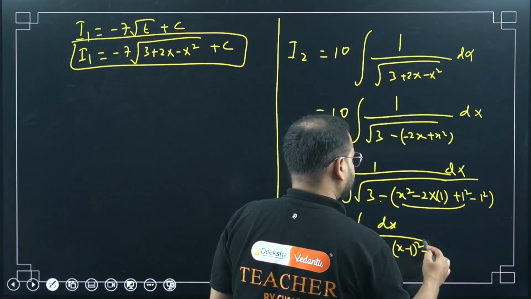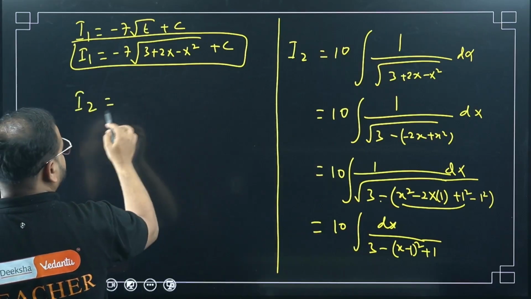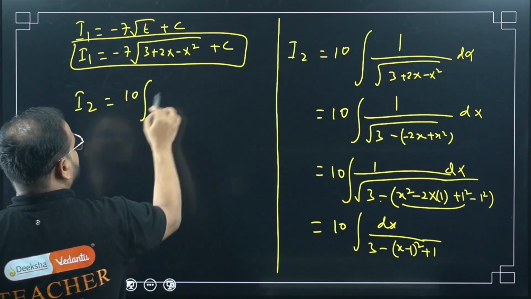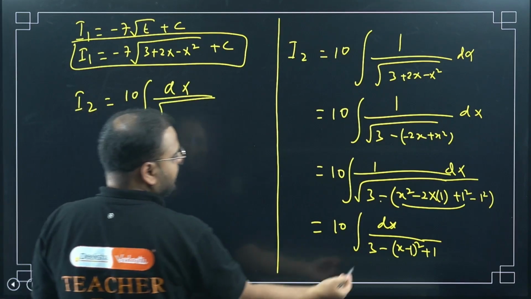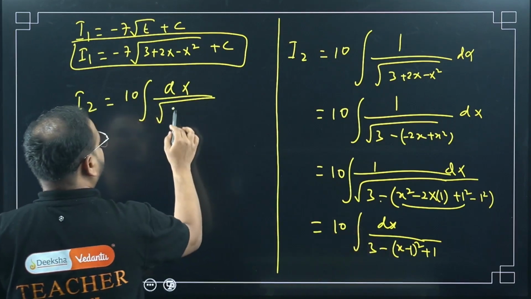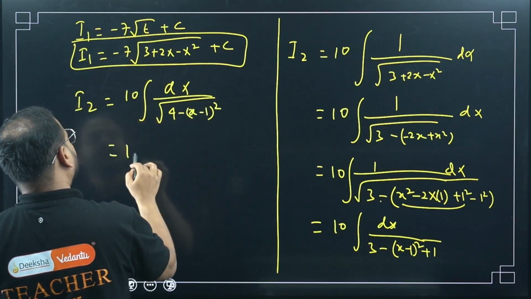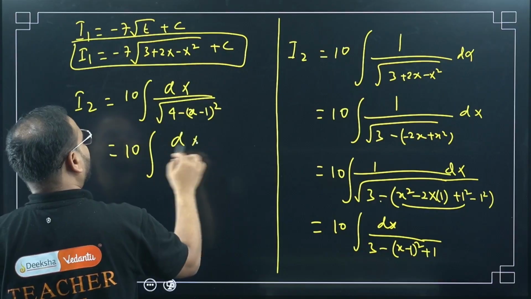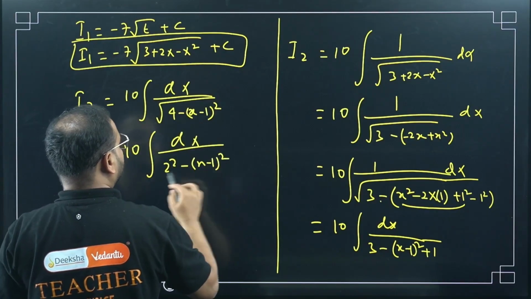So plus 1. My I2 will be nothing but 10 times of dx upon 3 plus 1, that is 4, minus x minus 1 the whole square. 10 times of dx upon 2 square minus x minus 1 the whole square in the root.